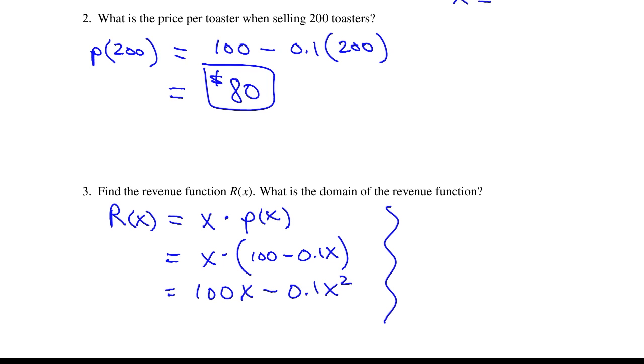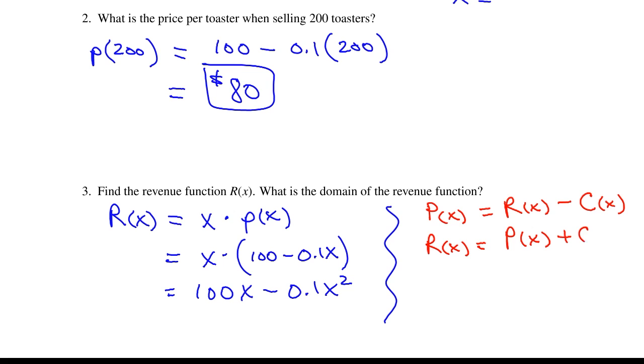We had some students try the following solution. If you have the profit function P(x), you know that that's equal to revenue minus cost. So the revenue function must be equal to the profit function added to the cost function.